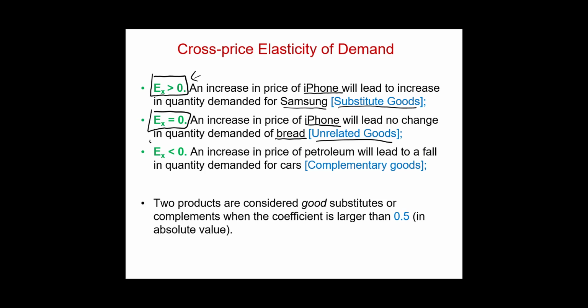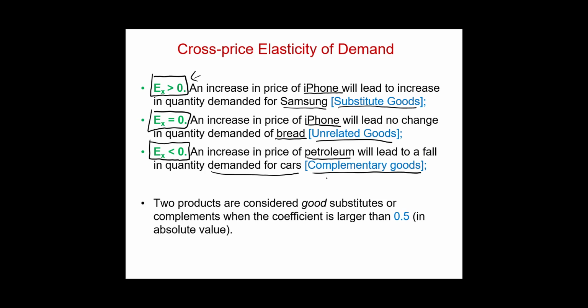And if you have a negative cross price elasticity, then the two goods are complementary goods. So they complement each other. In other words, complementary goods are those goods that are purchased together. For example, if the price of petroleum increases, then it's likely that in the long run demand for cars will decrease. So quantity demanded for cars decreases.